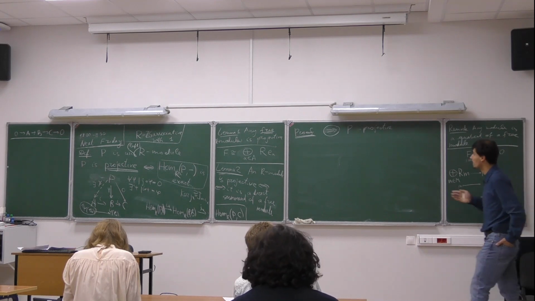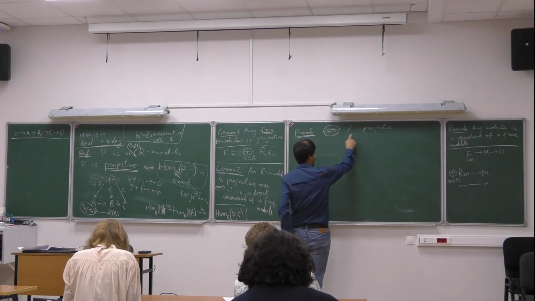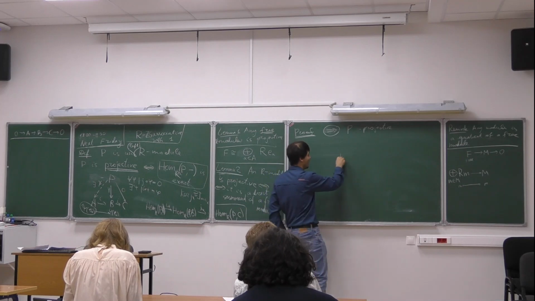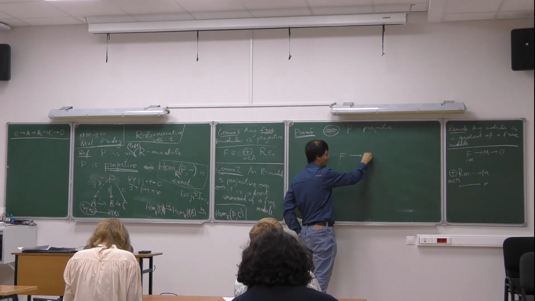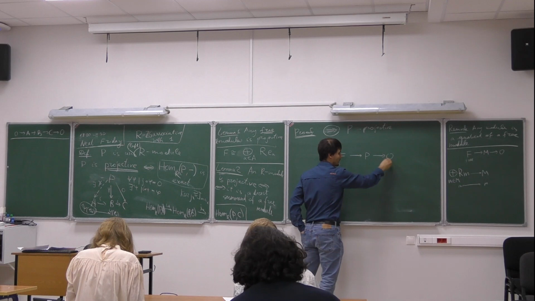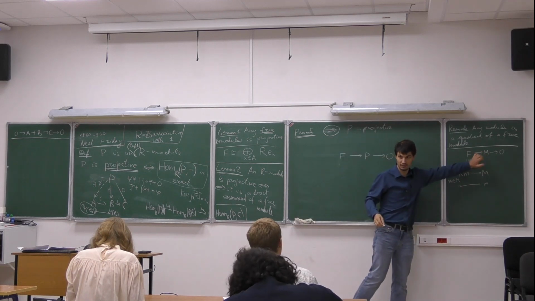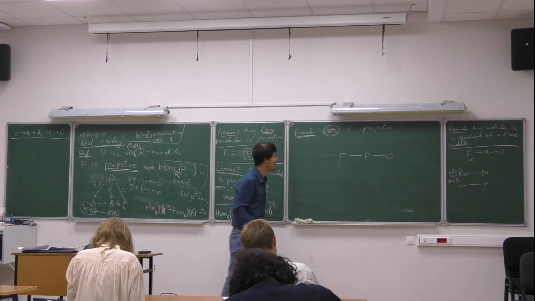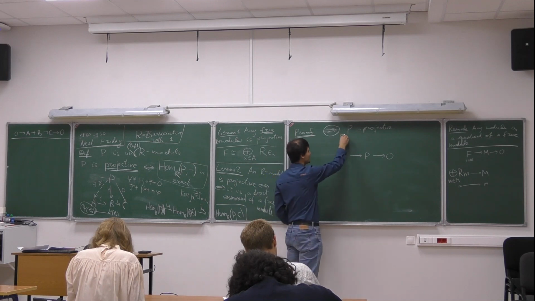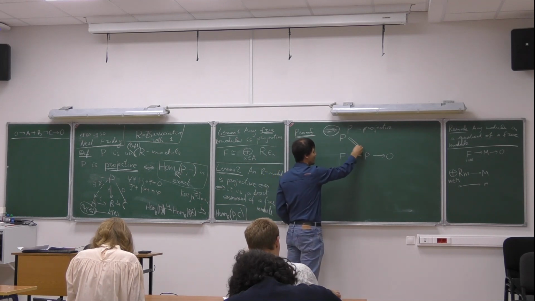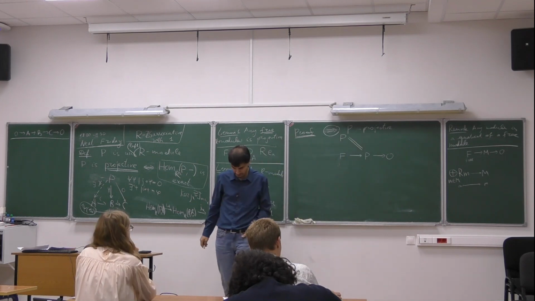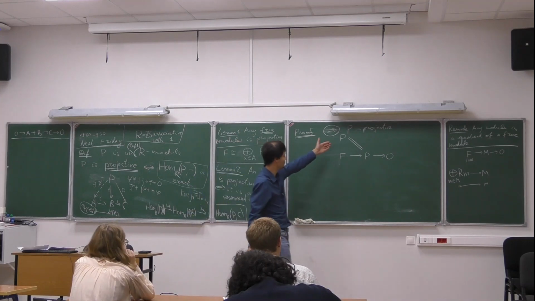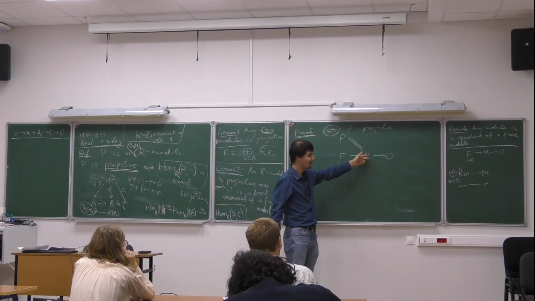Okay, now suppose that our module is projective. As before, we consider such a sequence for this P, and we consider the identity morphism from P to itself.